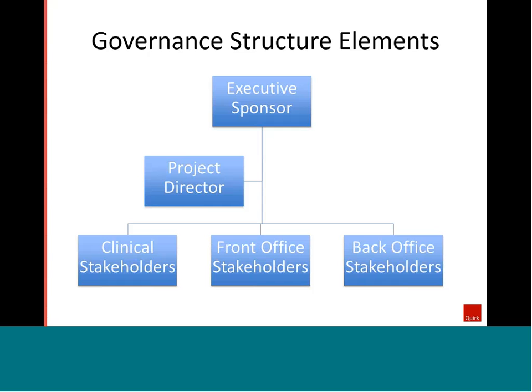In very, very few cases would this position be occupied by a chief executive officer or an executive director. This would typically be somebody from within the C-suite, or perhaps even somebody from the board of directors.